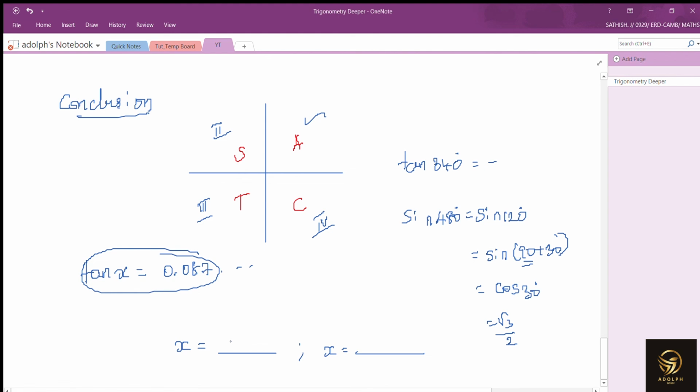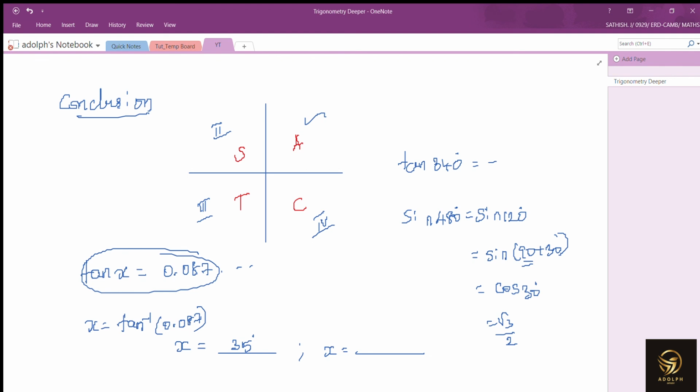If you are getting x equals 35 degree, so even if you try a second time, x equals tan inverse of 0.087, if you apply it, I'm just writing that answer simply as 35. Actually it is not the same, but still I'm writing it simply for understanding.